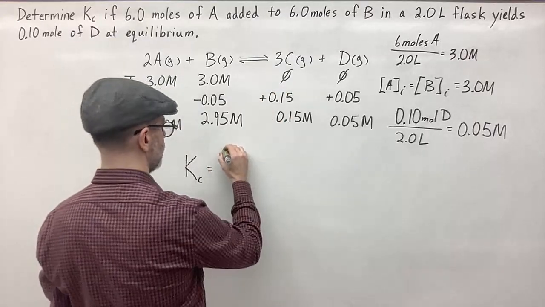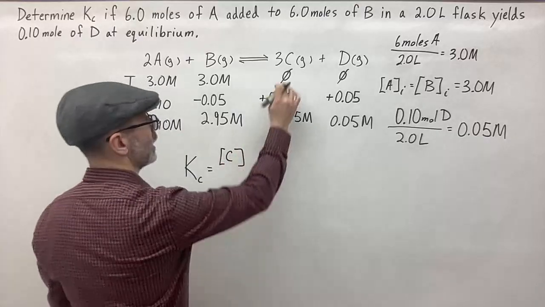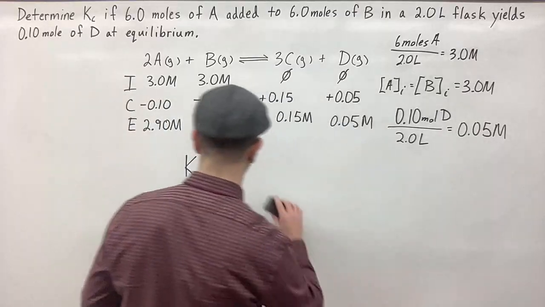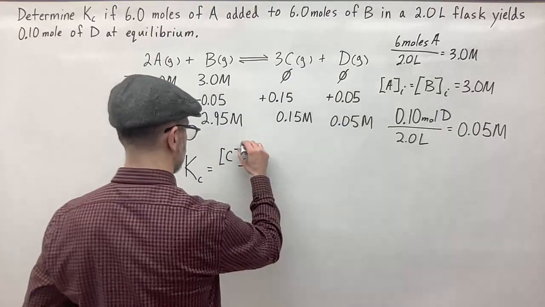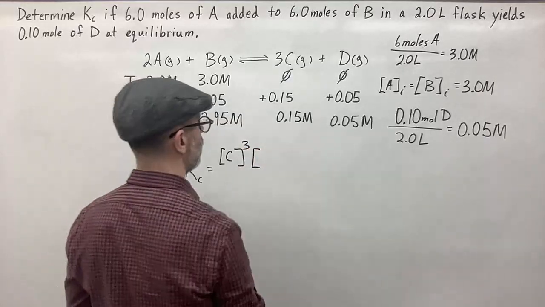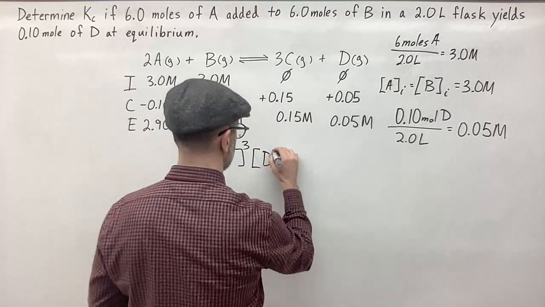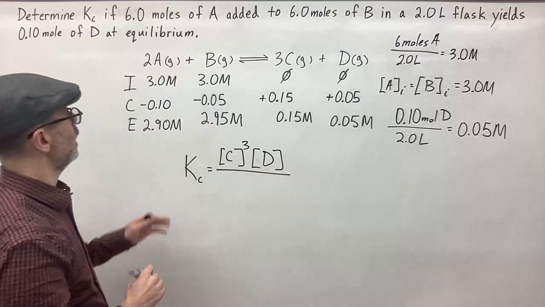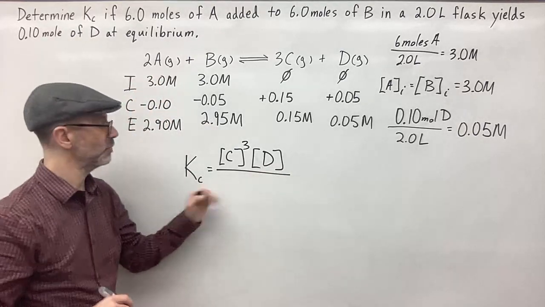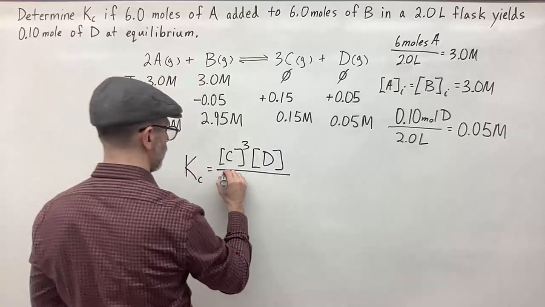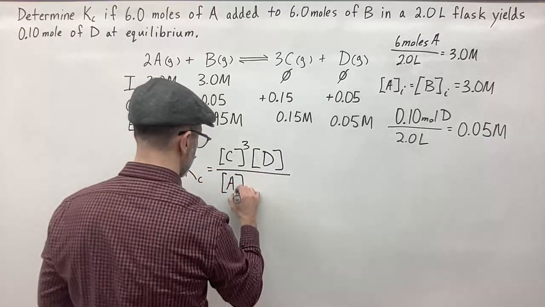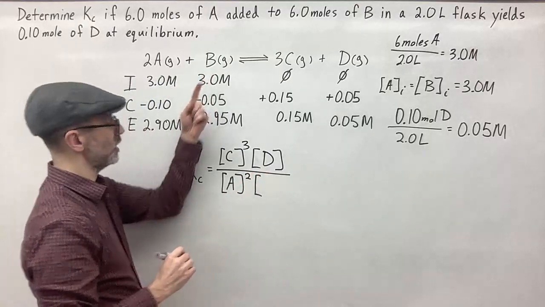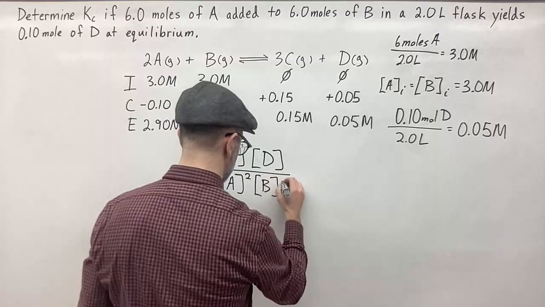Here we're going to have the concentration of C raised to the power of 3, multiplied by the concentration of D raised to the power of 1. We don't write ones. Now I'm going to have the reactants on the bottom. So here I'm going to have the concentration of A raised to the power of 2, and then the concentration of B raised to the power of 1.